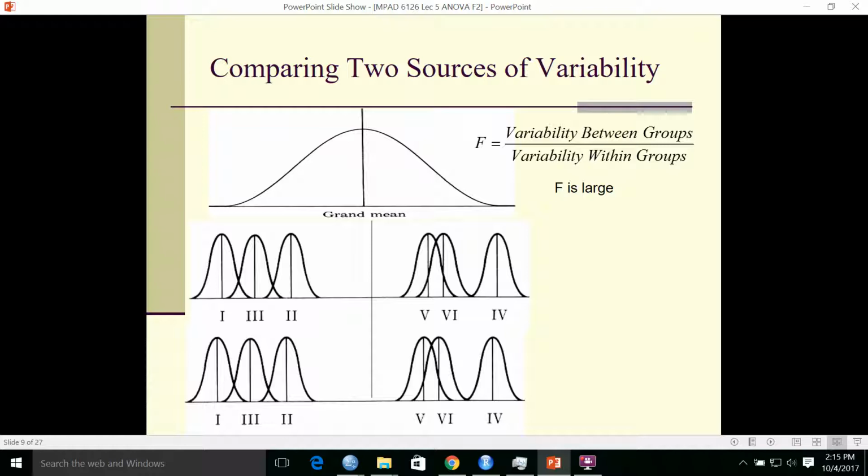I'm not going to say F is significant at this point, or F is any particular number. I'm just saying that we can see graphically that if we had this scenario, the F is likely large because there appears to be an observable difference between groups 1, 2, and 3 and groups 4, 5, and 6.